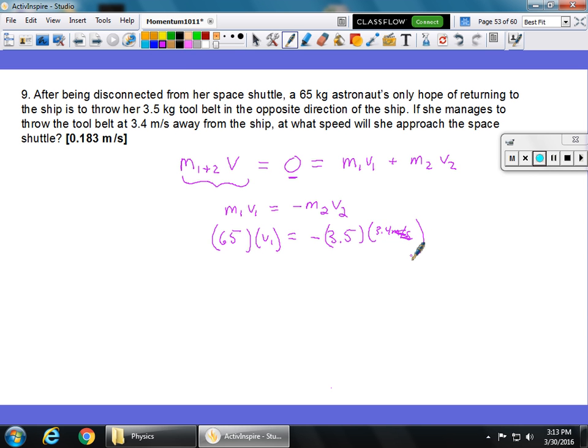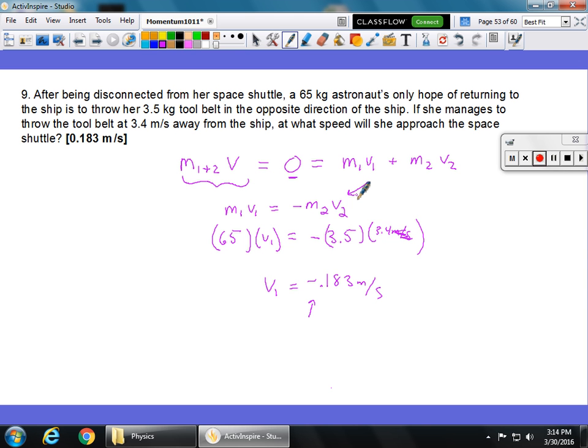So the momentum of the tool belt, we multiply that together, divide both sides by her mass, which is the 65. That gives us a velocity of negative 0.183 meters per second. Now what does that mean? Negative means it's going the opposite direction as the tool belt, because that was a negative velocity.